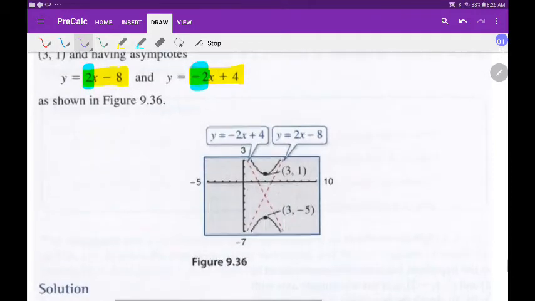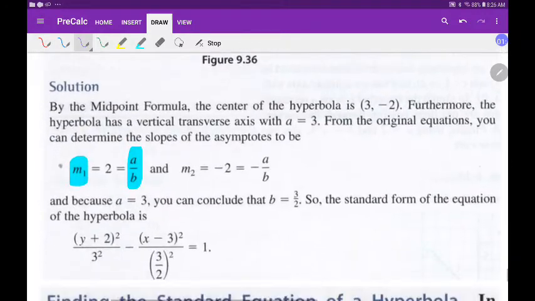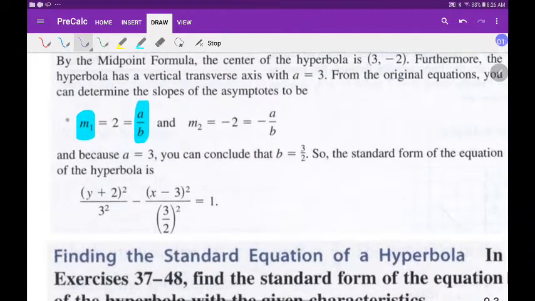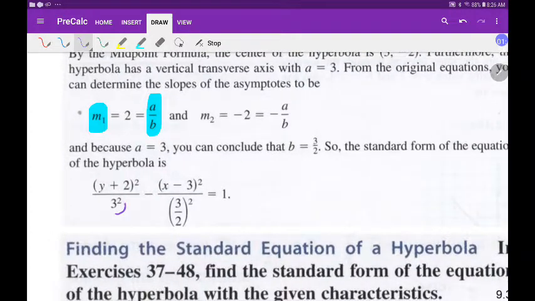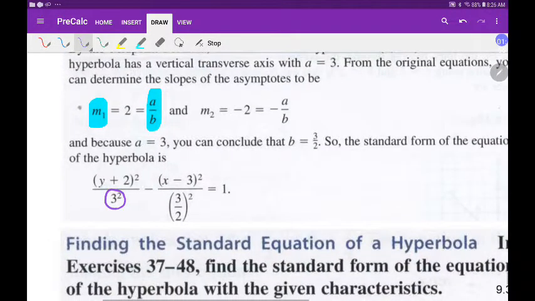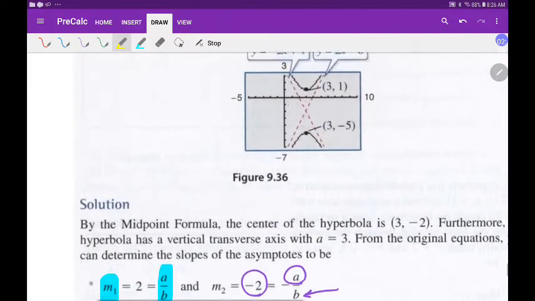Anyway, if they give us this stuff, we have our vertices. If we have our vertices, then we have a, right? And here's our a here. If I know a and I know the slope, then I can find b, right? And I know the center, so where's the center?